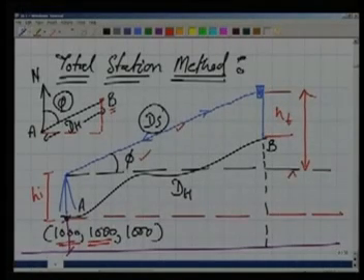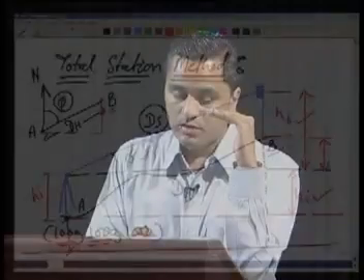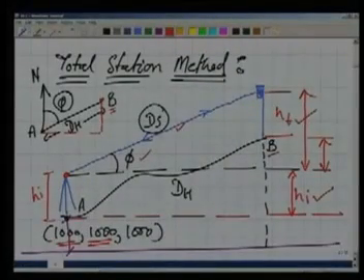We know this is HI, the height of the instrument. So knowing the height of the instrument and the height of the target, we can now determine the height of point B from the instrument.